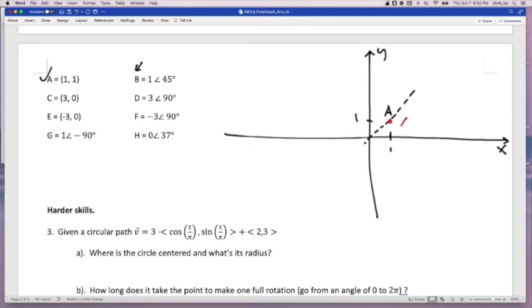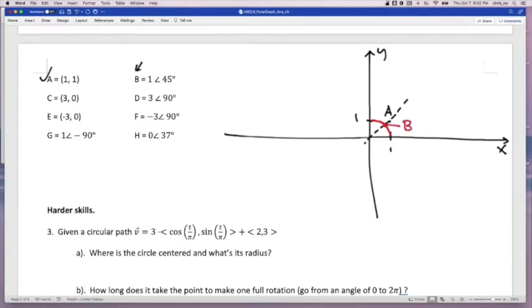So we know that cannot be the case. So where would that be? Well, we can draw an arc of a circle, and on that arc, every point would have a length of 1 from the origin. So I can confidently say now this is my point B.